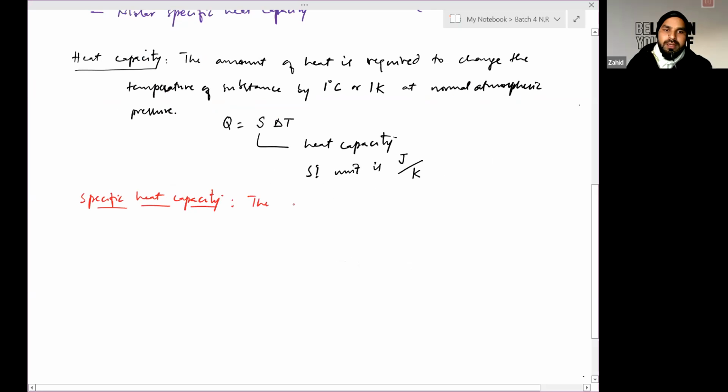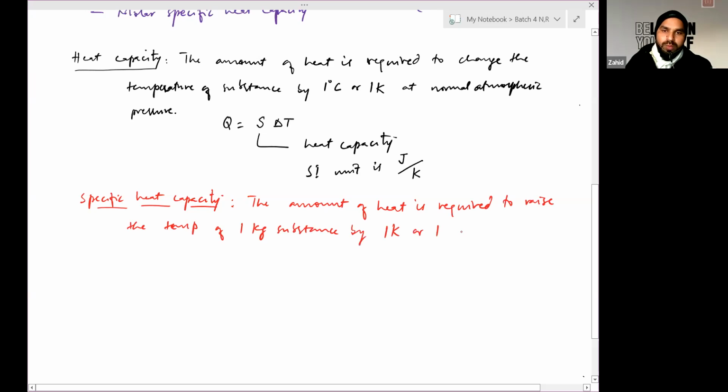So it will be the amount of heat required to raise the temperature of 1 kg of substance by 1 Kelvin or 1 degree Celsius at normal atmospheric pressure.